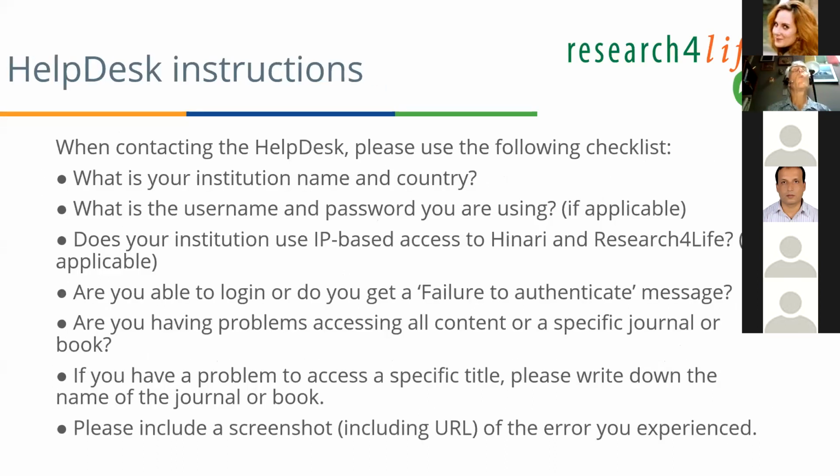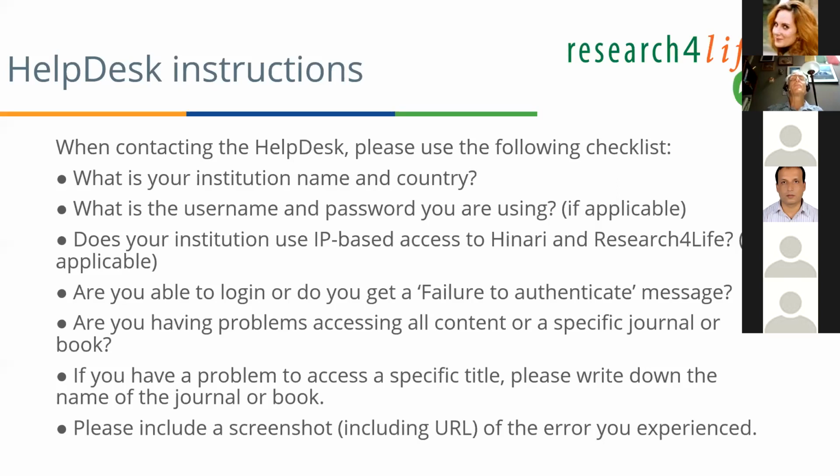When you write the help desk, it really helps if you follow the little checklist here. What is your institution's name and country? What is your username and password? Does your institution use IP address access to Research4Life? If this applies, they need to know that. Are you able to log in, or do you get a failure to authenticate message?